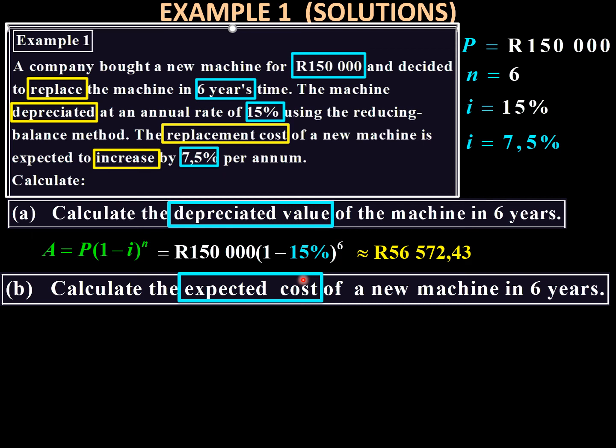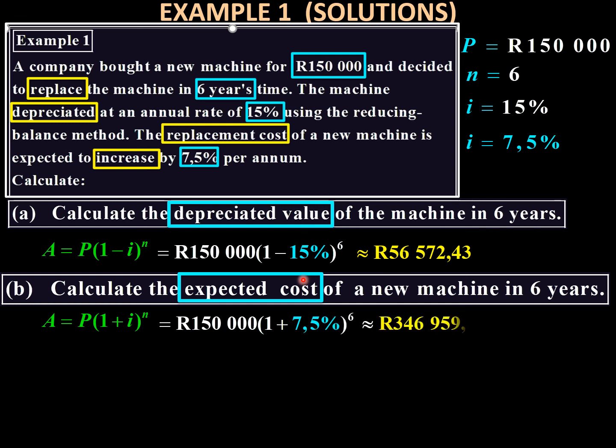Then we want to work out the expected cost. That's the growth, and for the growth I'm going to use my compound increase. So it's 150,000, and here be careful that you use the correct percentage for this one. And there it is: 346,959 rand and 12 cents.